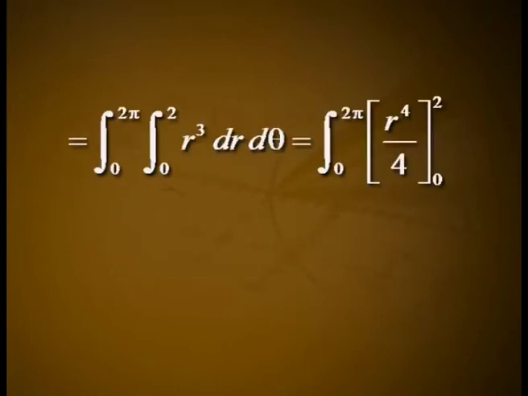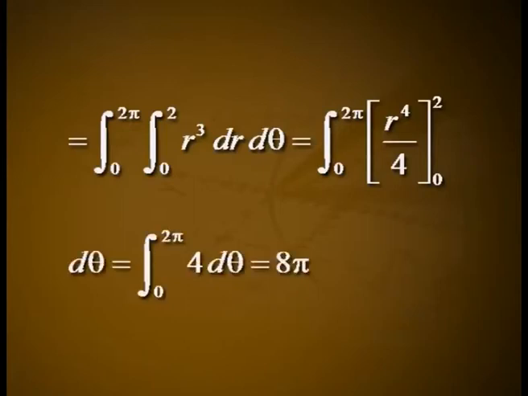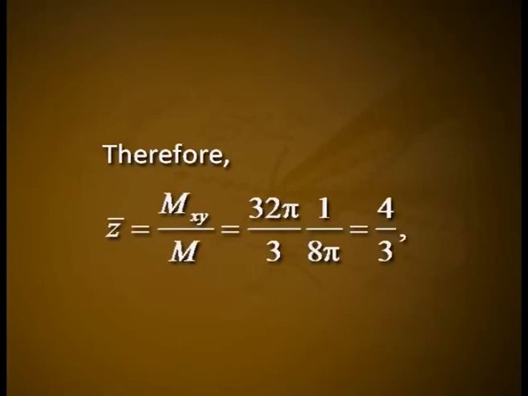That is equal to the integral of r³ dr dθ, that is the integral from 0 to 2π of r⁴/4 over the limit 0 to 2 dθ, that is the integral from 0 to 2π of 4 dθ, that is equal to 8π. Therefore, z̄ = Mxy/M = 32π/3 × 1/(8π), that is equal to 4/3, and the centroid is (0, 0, 4/3).